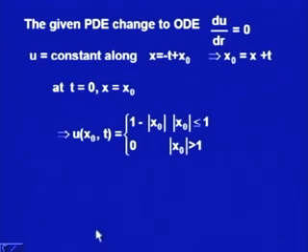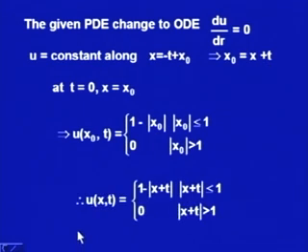Now, changing x naught to the characteristic x plus t, we would get the solution u(x,t) as 1 minus the absolute value of x plus t for x plus t lying between minus 1 and plus 1, and 0 for x plus t lying outside the region minus 1 to plus 1. Or you could say that x is lying between t minus 1 and t plus 1, and 0 when x is lying outside t minus 1 to t plus 1.